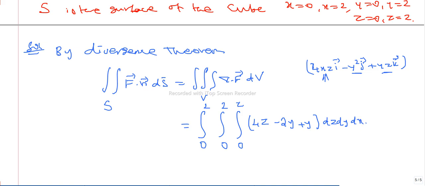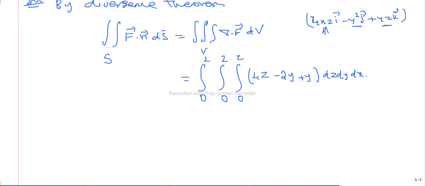Am I correct? Yeah. Now 4z minus 2y plus y, we can simply write 4z minus y.